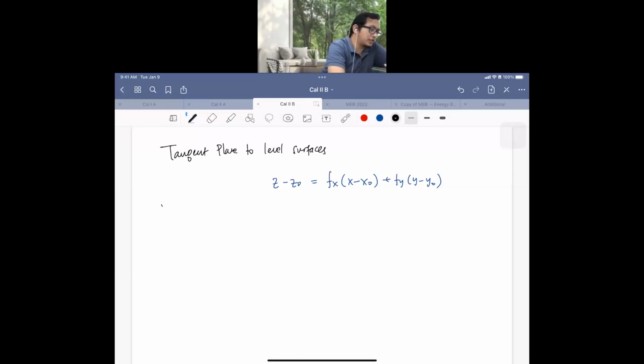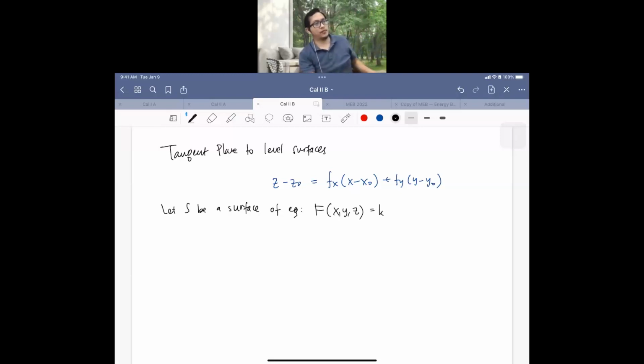So let S be a surface of equation, let's say we have x, y, z, three variables, equal to k. So this will be a level surface of a function with three variables.